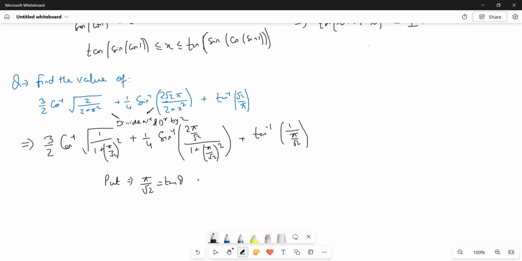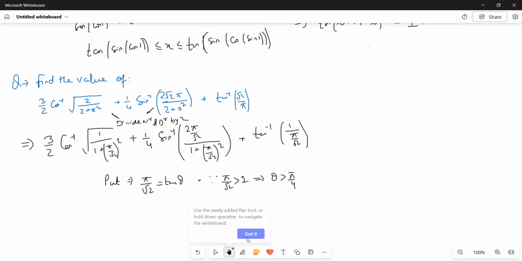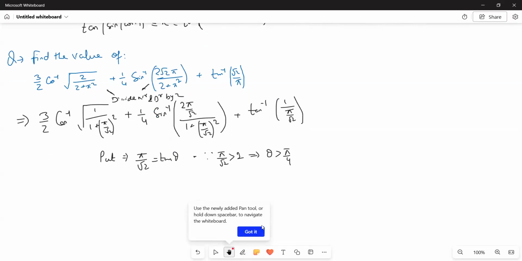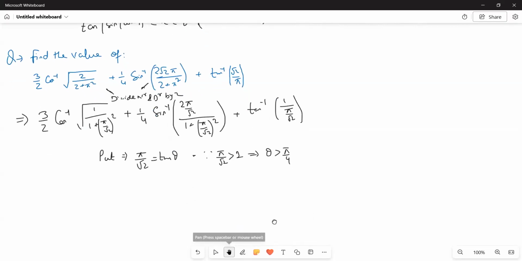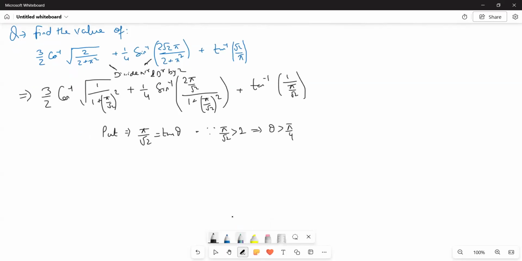Now do notice that since pi by root 2 is a value greater than 1, pi is 3.14, root 2 is 1.414, this would imply that theta would be greater than pi by 4. This is an important criteria that we have to observe.